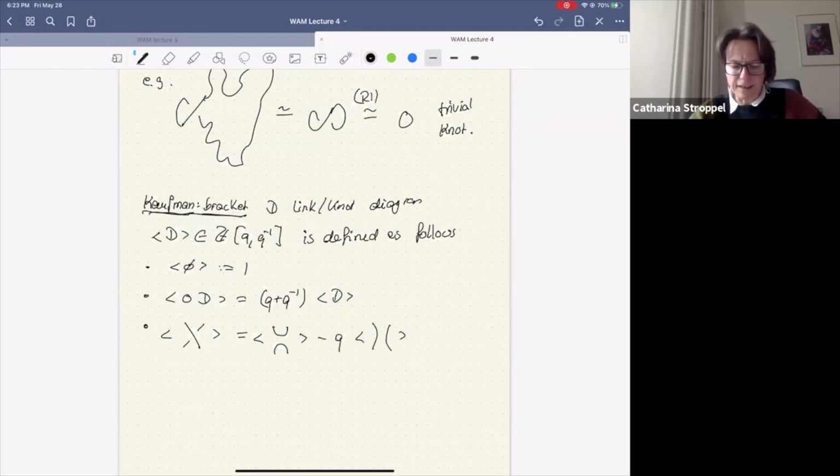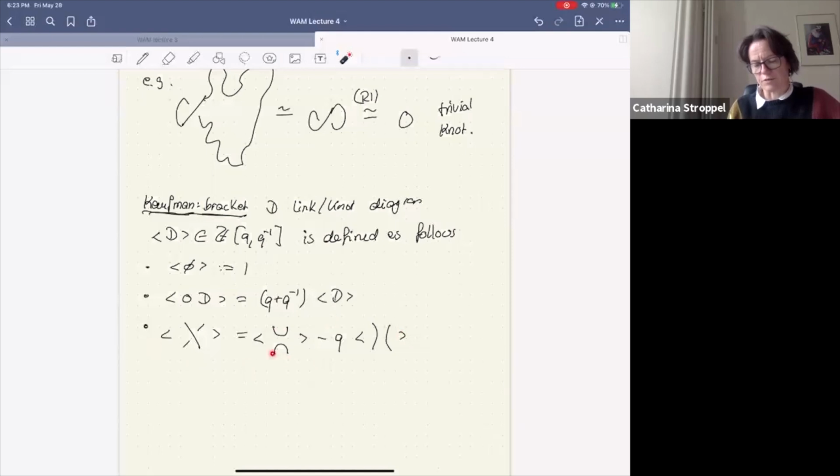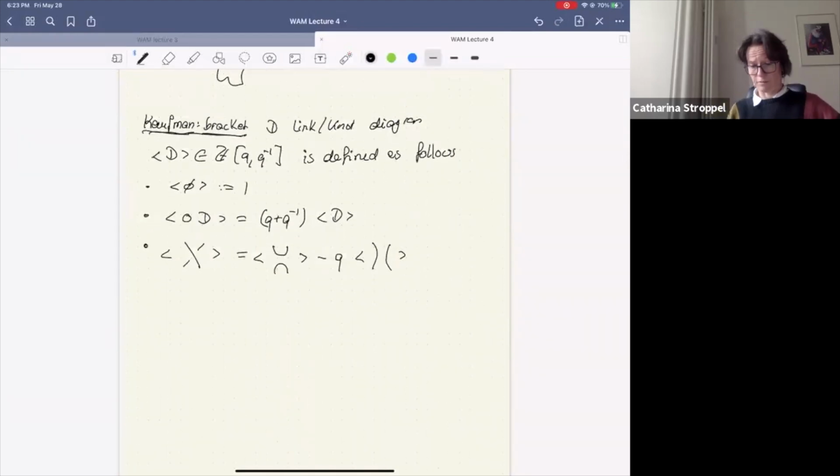If you have done the exercise which realized the Temperley-Lieb algebra as a quotient of the Hecke algebra, you saw that the Hecke generator was mapped to the Temperley-Lieb generator minus Q times the identity. So this is a formula which appears very naturally from these diagrammatic categories.